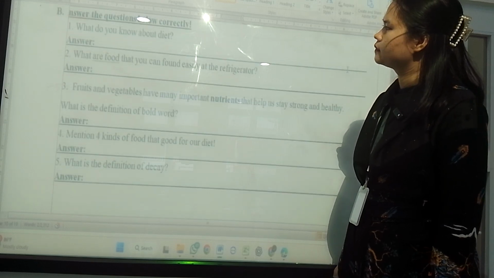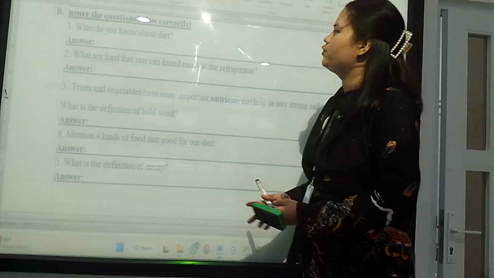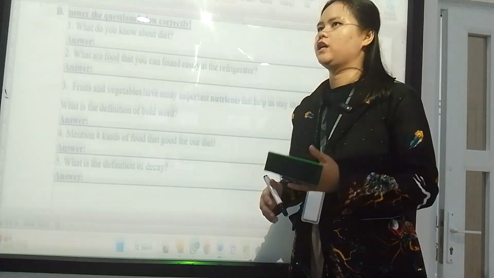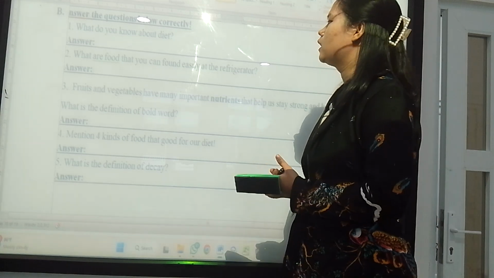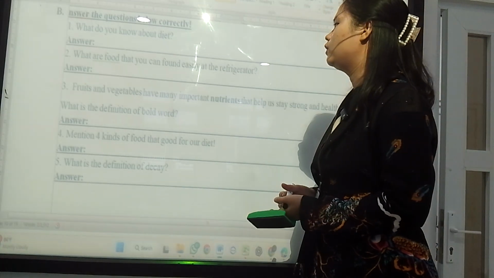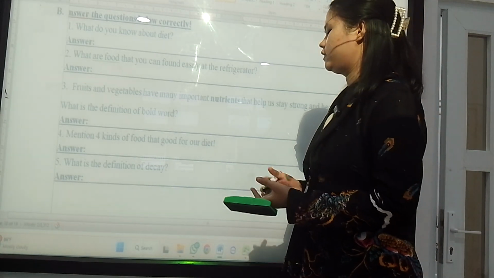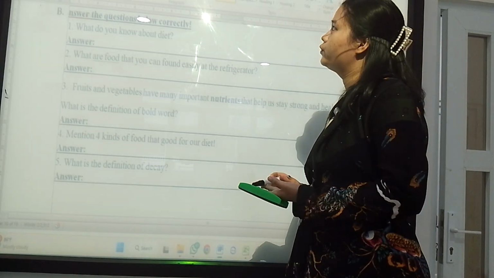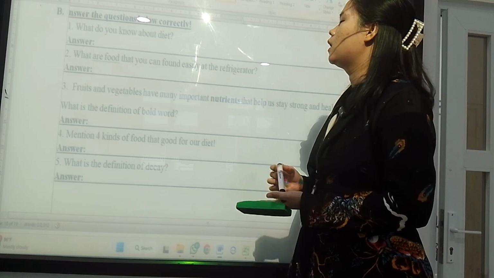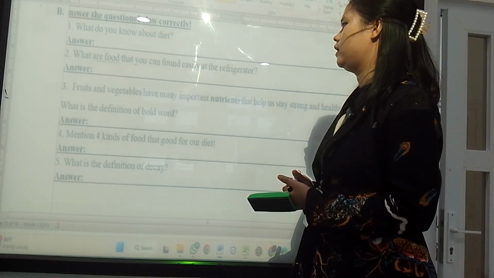Okay, question part B. What do you know about diet? Diet is when you have a meal proportion that is good for your body. Number 2, what are foods that you can find easily in the refrigerator? It's like egg, milk, tofu, chicken, beef, and anything else.